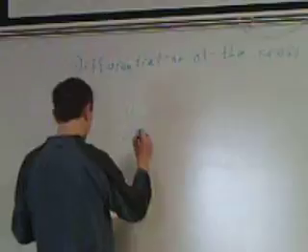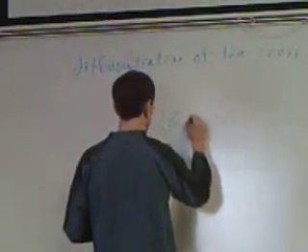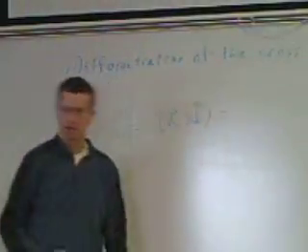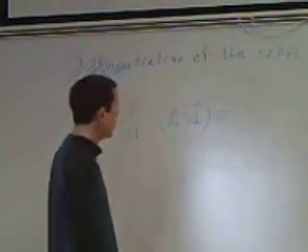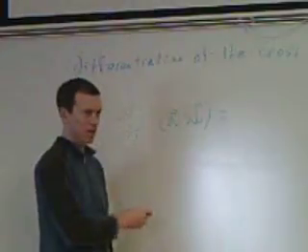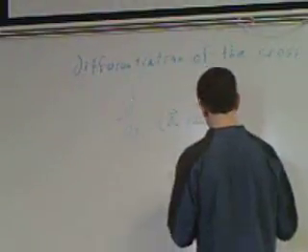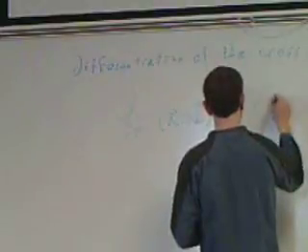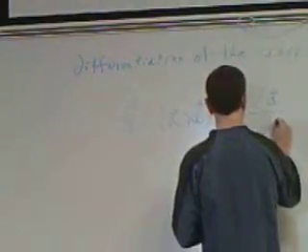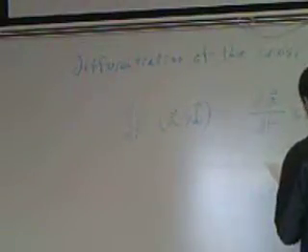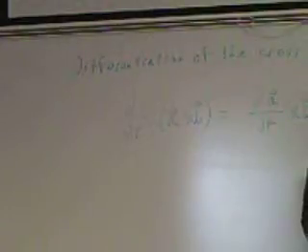So we're going to take the derivative of A cross B. Any thoughts? Basically the product rule. We take the derivative of one times the other, and then the derivative of the other times the first one, just restated using the cross product instead of multiplying. So this is the derivative of A with respect to time cross B, plus A cross the derivative of B with respect to time.